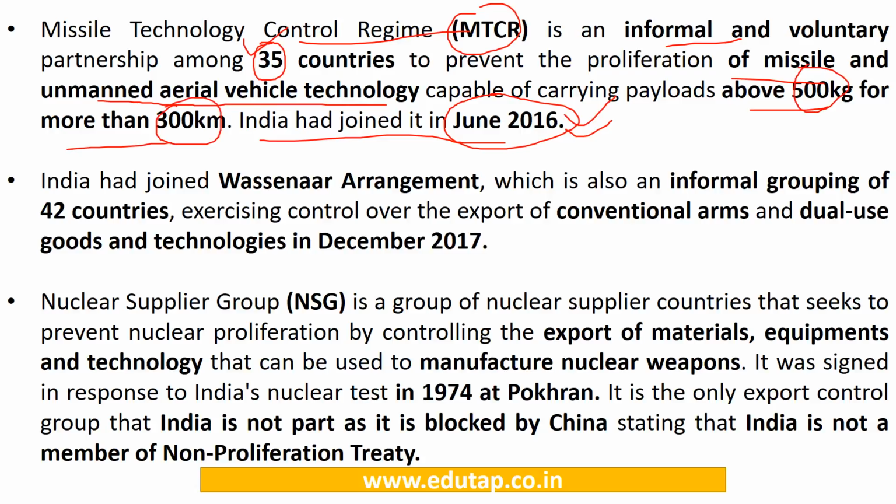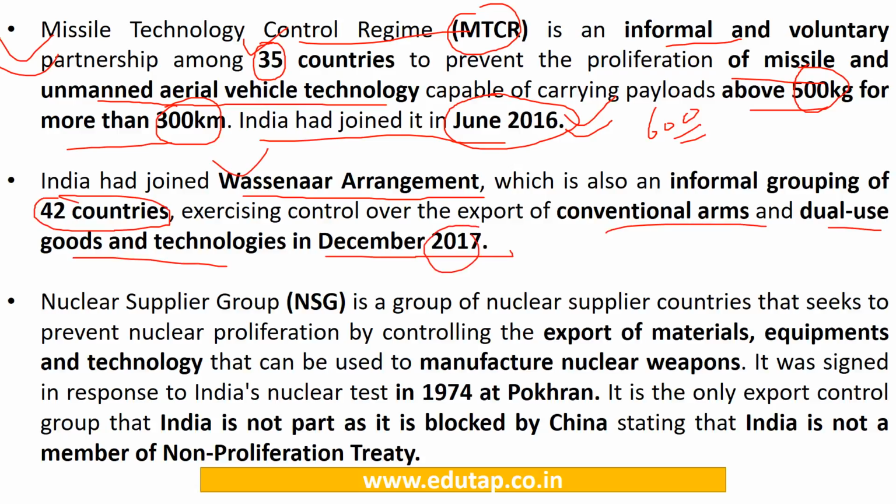With this, India can now manufacture and use missiles and UAVs beyond the range of 500 kg and 300 kilometers. For example, BrahMos missile range can be doubled to 600 kilometers now. After MTCR, India joined the Wassenaar Arrangement, having now 42 members, in December 2017, which deals with the export of conventional arms and dual-use goods and technologies.